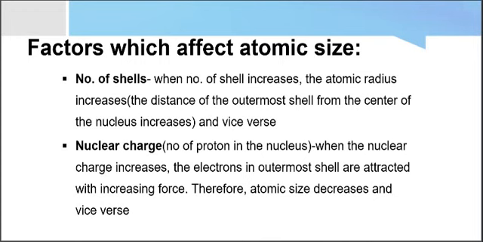So it attracts the electrons towards itself. So the atomic size will decrease because there will be a strong force of attraction from the nucleus. And if the number of protons decreases, the nuclear force of attraction will decrease, resulting in an increase in the atomic size.